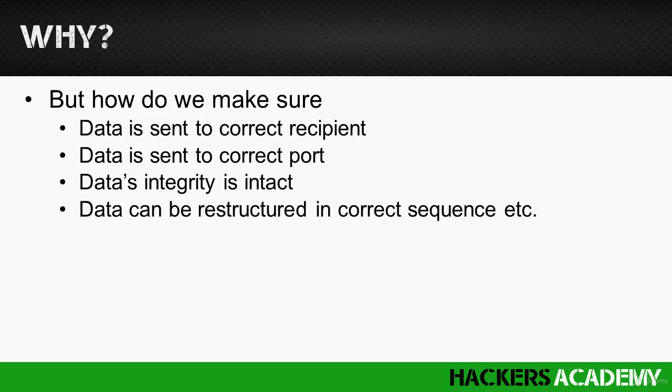How would I know that the receiving server is getting the email on the email port and not on a wrong port? How would I know that my data's integrity is intact? How would I know that, for example, my email is being sent in the correct manner and we're not losing some words or some pictures or some quality of the pictures in our email attachments? How would I know that the recipient is able to restructure the data in a correct sequence?